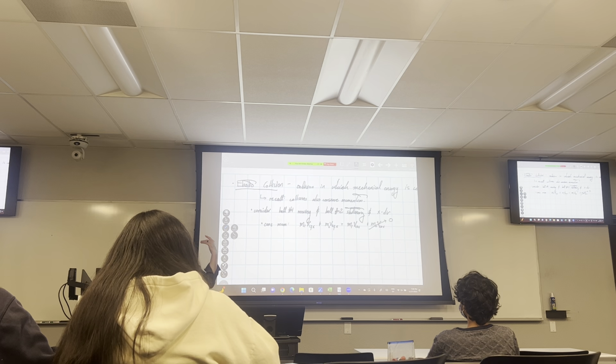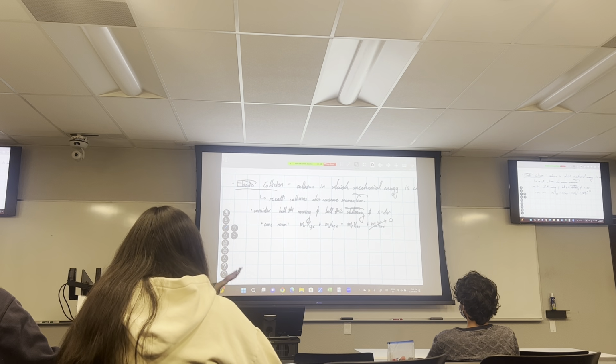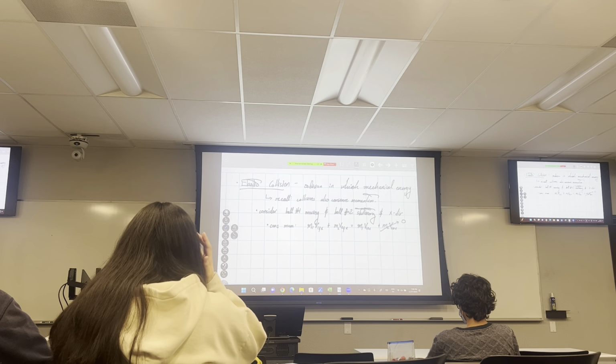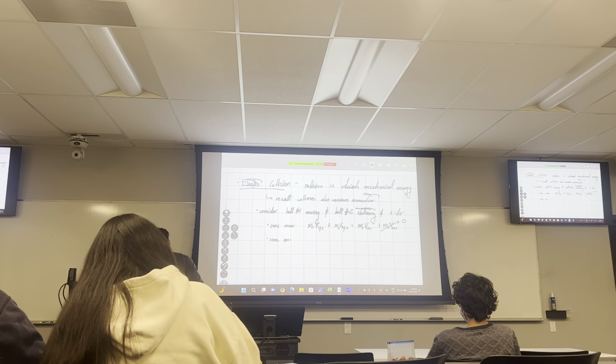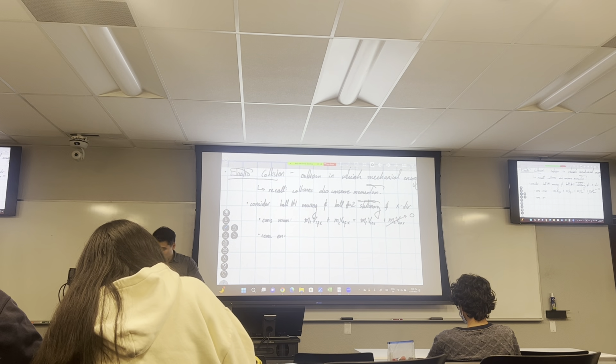But that's only conservation of momentum. Elastic collisions have their energy conserved as well, so we can apply conservation of energy where we only have the kinetic energy. Let's say they're on the same plane, it's only in the x direction. So we have 1/2 m1 v1f squared plus 1/2 m2 v2f squared.